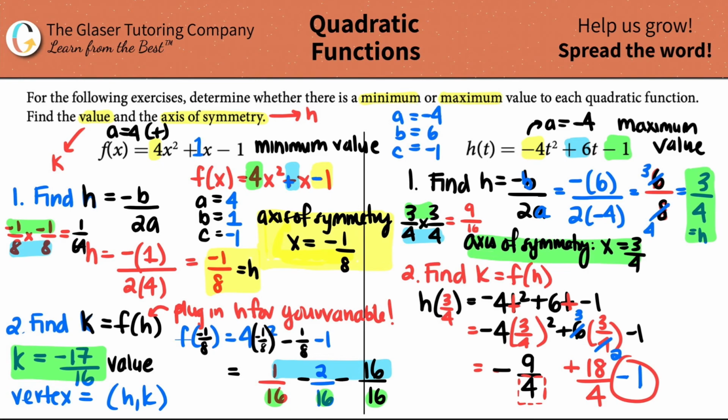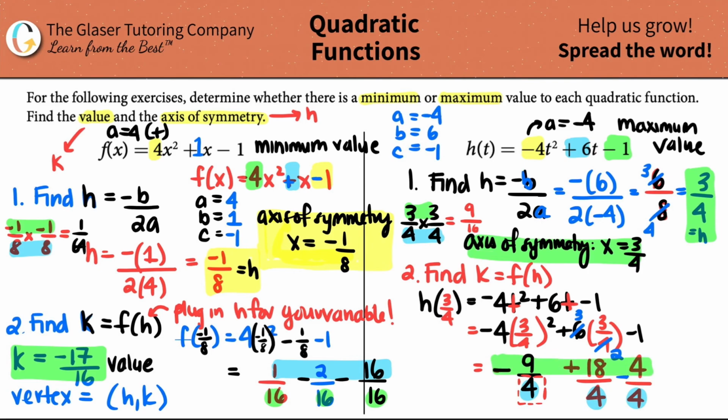And now remember the trick: if you want to turn a whole number into a fraction, the same number you put in the denominator goes on the top. So this would be 4 over 4. Now I have everything nice and neat, so I can just add the numerators.